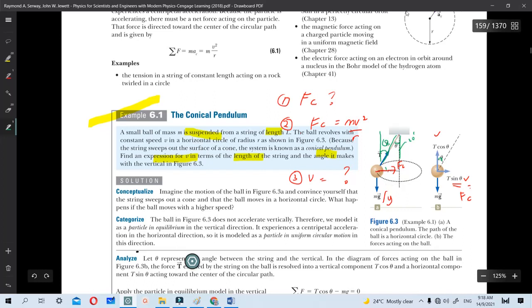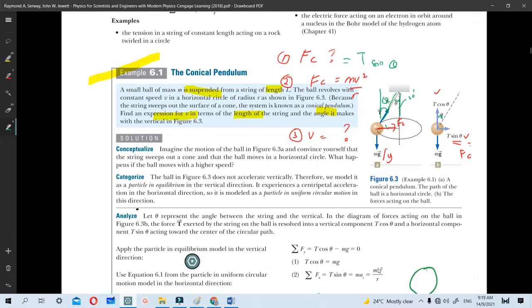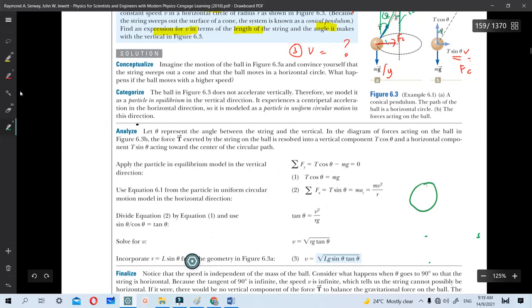Alright, so let's put the answer. This is T sin theta. And from here, we are going to equate it with mv squared over r, and then we are going to rearrange them. Why? Because the question is asking to state the expression of v, or simplify the expression and then calculate v. In a normal scenario for the exam it is calculate v. So look here, we are at equation number 2.